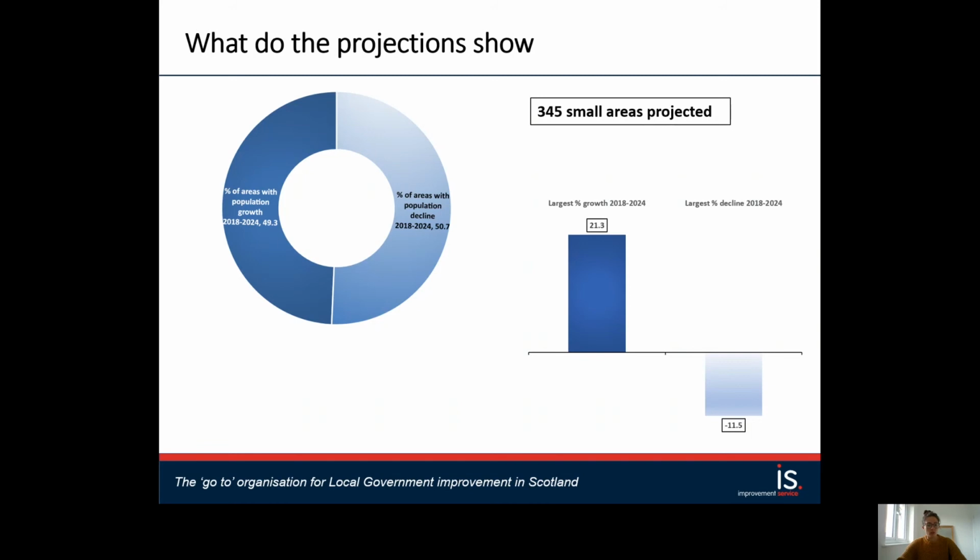So again, there's quite a lot of variability in the change that you anticipate to see across different population groups. And there's a lot of different variability that can play into those changes in population.